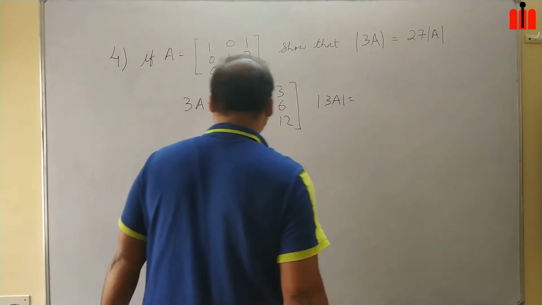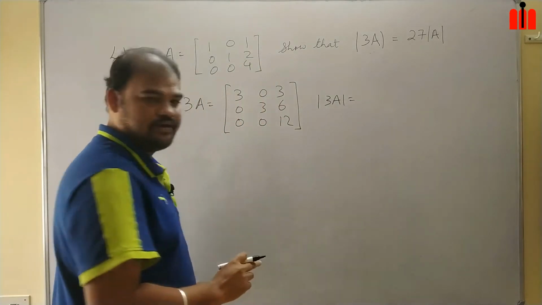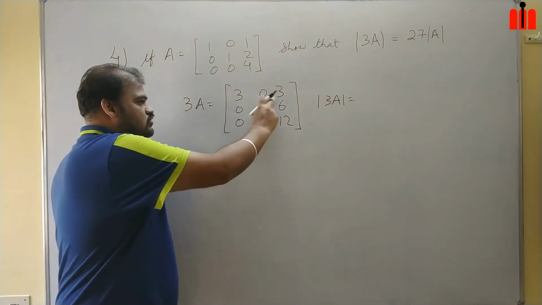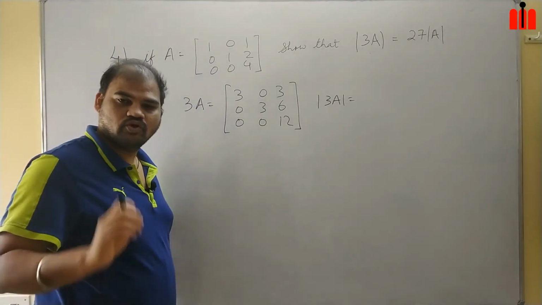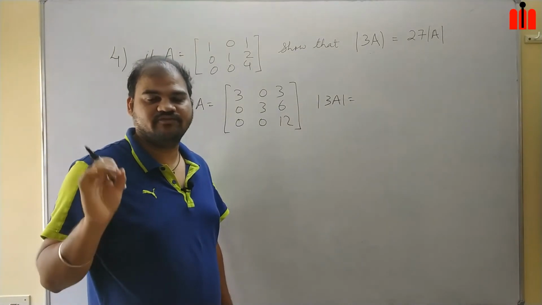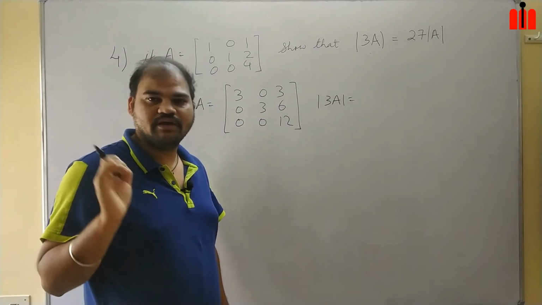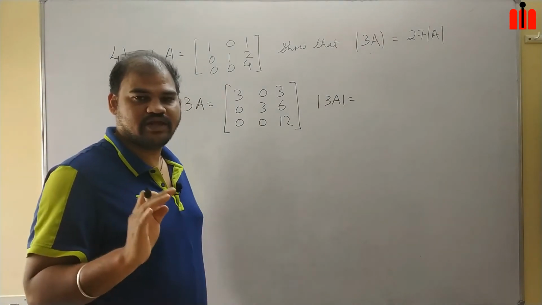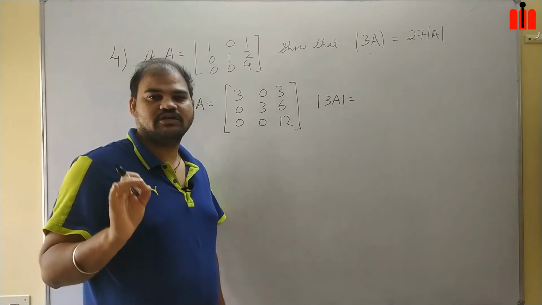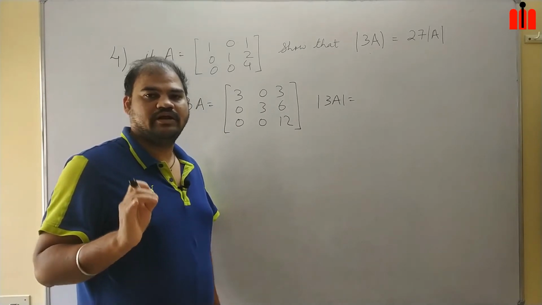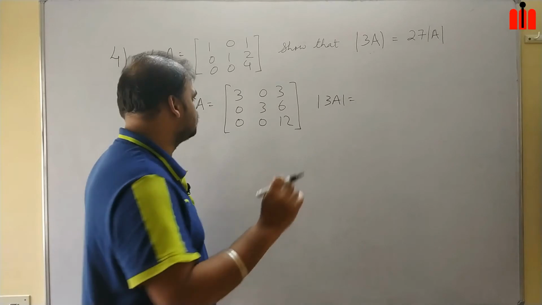I will find it by expanding through the first row. Go to my detailed explanation class where I told how to find the determinant for a 3 by 3 matrix. There you will get sufficient information about it. Here I am solving directly.